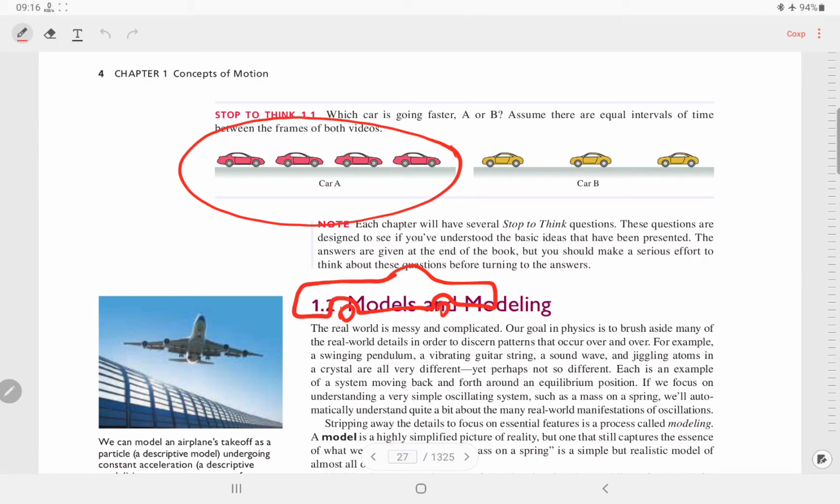Our aim is not to paint difficult, complex figures. So we can take the car as just a small point. This point will be the car for us. So don't try to draw the figure of a car or house, building, plane, trains. To make it simple, our aim is to solve the problem.